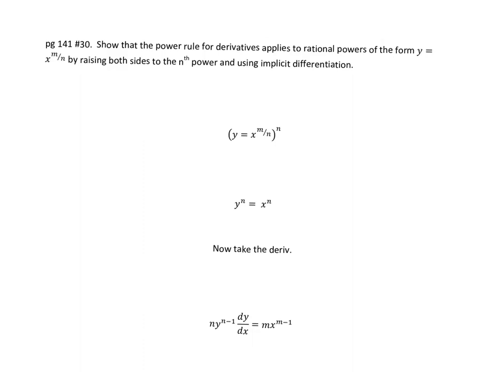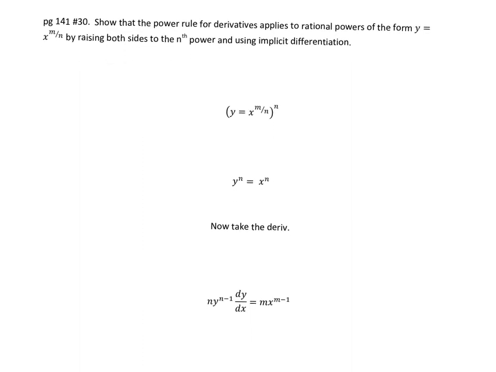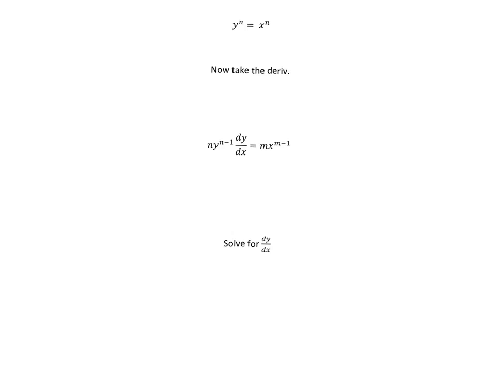In order to solve for dy dx, you need to divide by this whole guy on both sides, which I think I do. So, yep, I say solve for dy dx. Oop, and I didn't. So now I need to write a little bit.